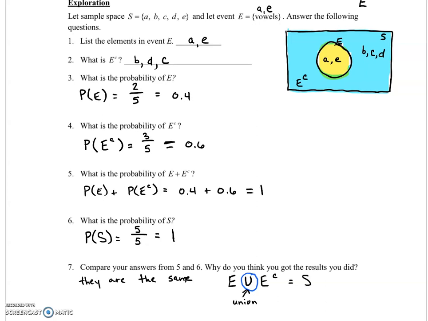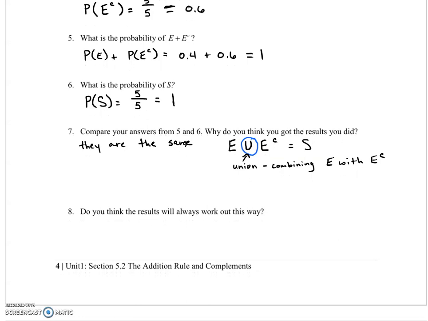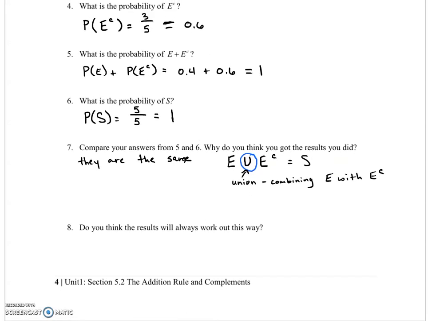And all it means is that we are combining E with, in this case, the complement. Okay, hopefully that makes sense. Will the results always work out that way? Yes. Yes, they will.